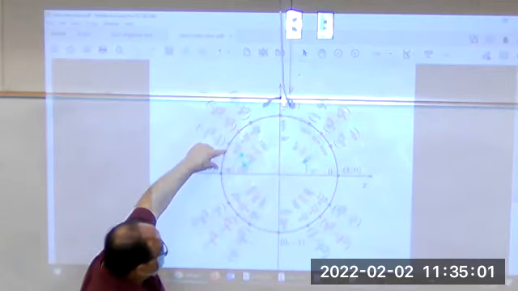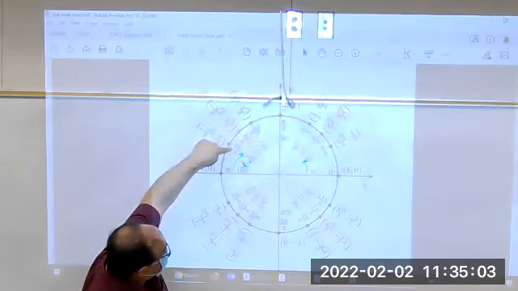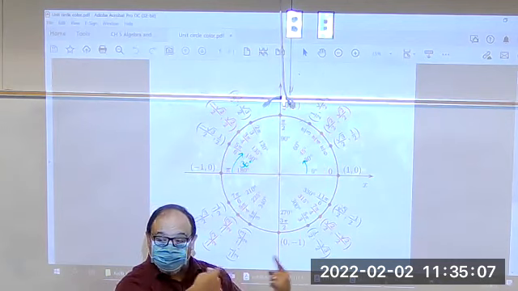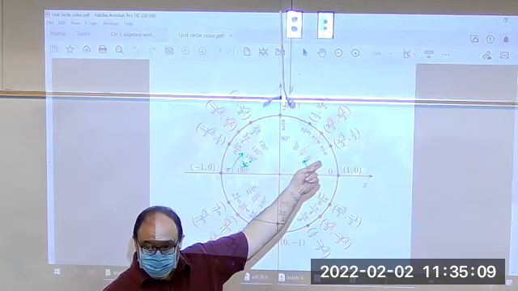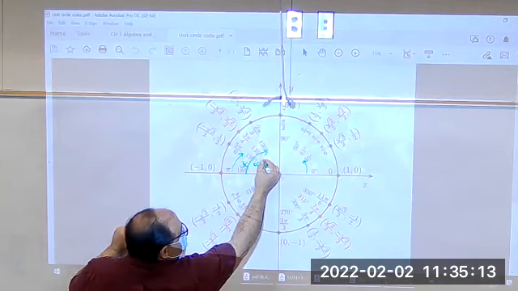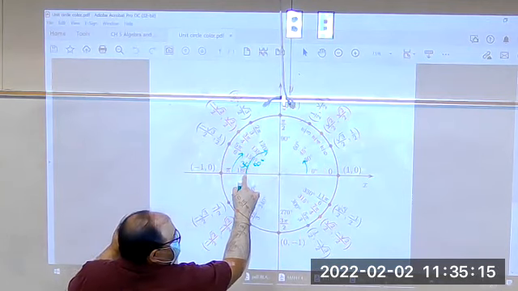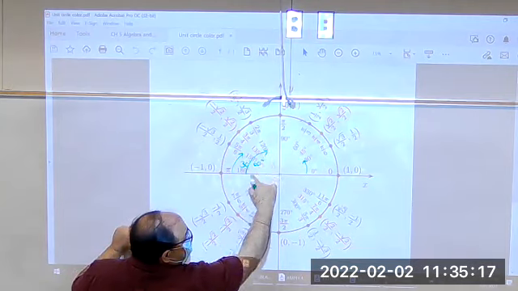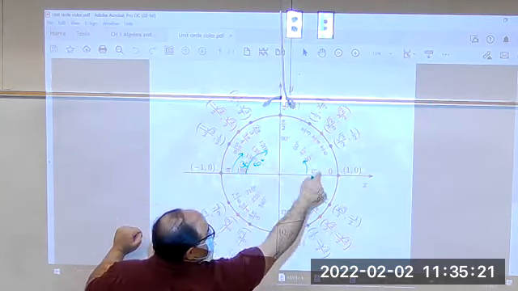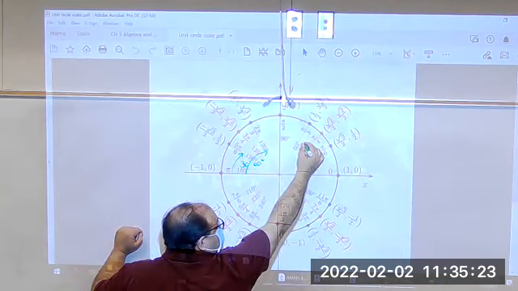Since this is 30 from the x-axis to here, your reference referring back to quadrant 1 is 30. This is 60 degrees. From this x-axis to the 120, that's a 60-degree angle. So the reference back in quadrant 1 is 60 degrees.